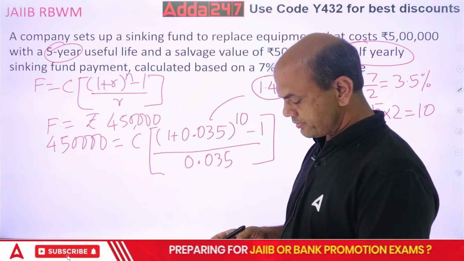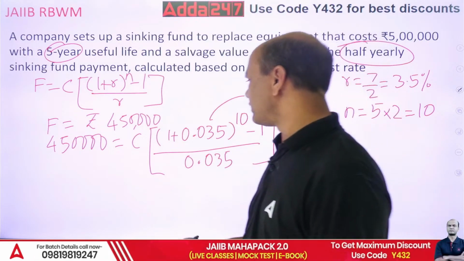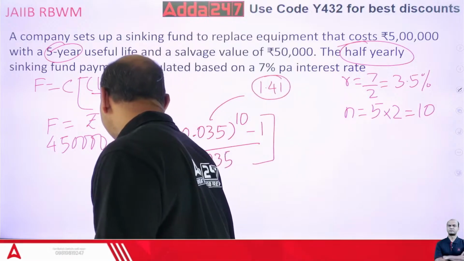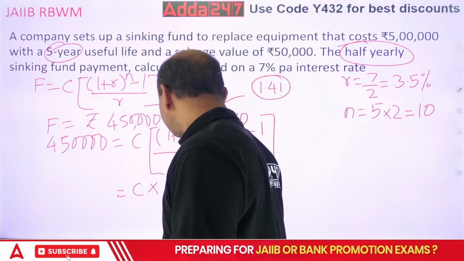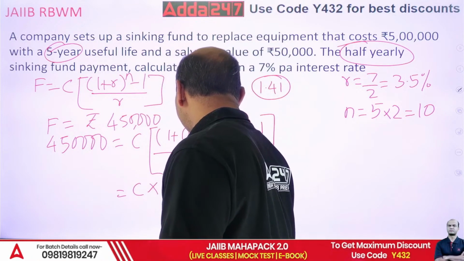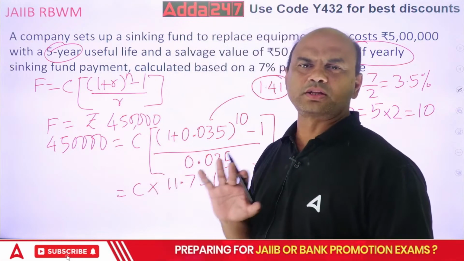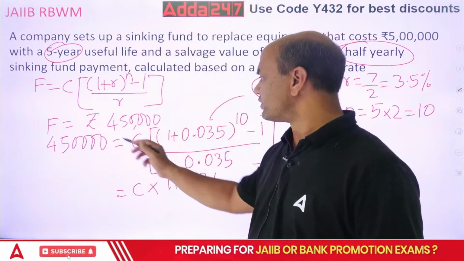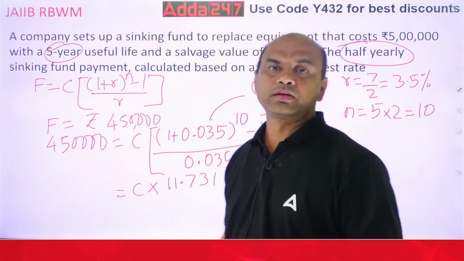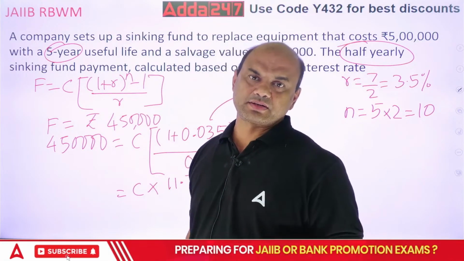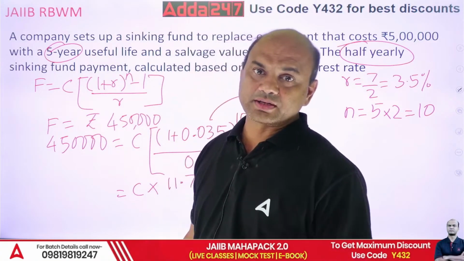You are getting 11.731. Let's take 3 digits. You can take two digits also, nothing matters. So C into 11.731. Are you getting this, everyone? Check it. Everyone must get the same answer. There are no ifs and buts, no exceptions to this.